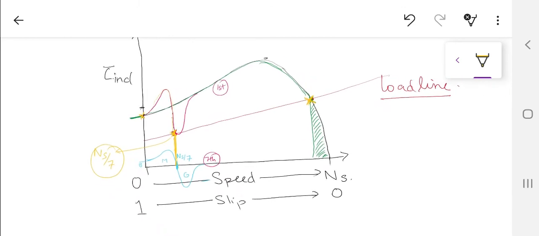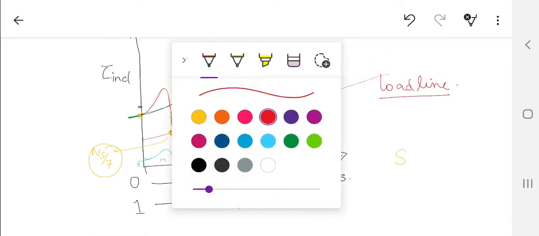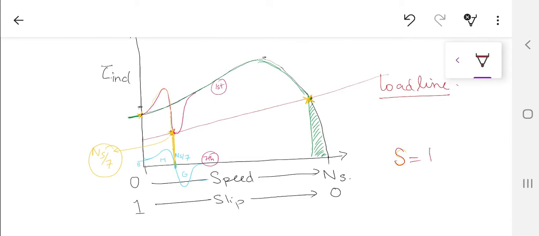If you remember your slip formula, the slip is equal to ns minus nr divided by ns. What was nr? Nr was the speed of your rotor. Now the speed of the rotor is not more than ns by 7, near to that. I'm not saying exactly ns by 7. It depends upon the torque slip curve which is being created by the 7th harmonic over there.